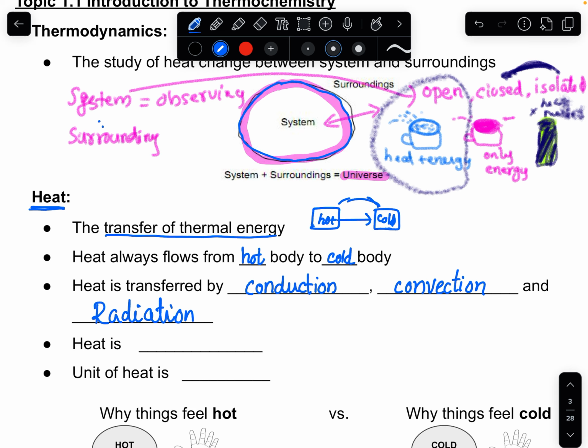We cannot measure heat directly, but we can calculate the energy. There is a method of calculating it; we'll do that in a minute. The common unit of heat, as we have seen a little while ago, is joules or kilojoules.